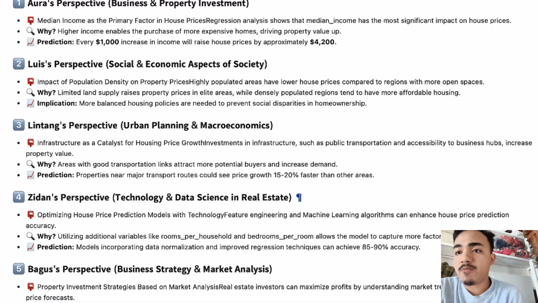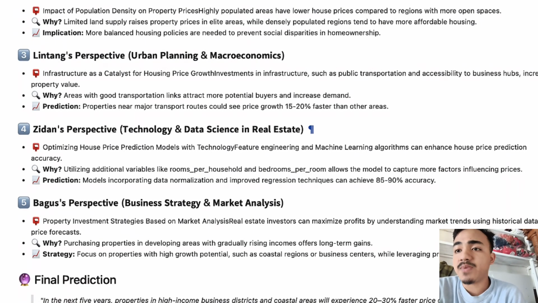Lintang's perspective about urban planning and macroeconomics notes that infrastructure such as public transport and business hubs boost property values, with property near transport routes growing 15 to 20% faster. Zidan's perspective about technology and data science in real estate shows that machine learning improves house price predictions with 85 to 90% accuracy.